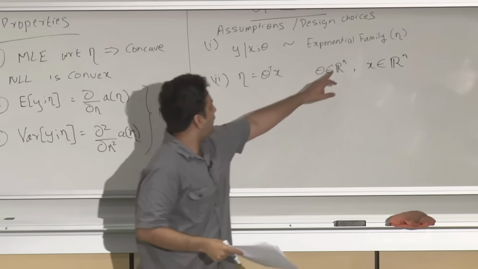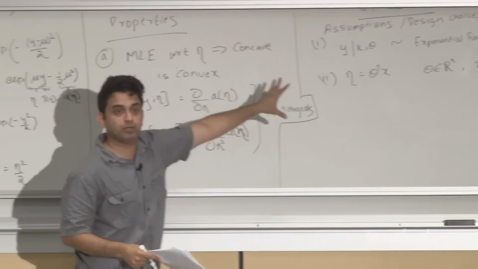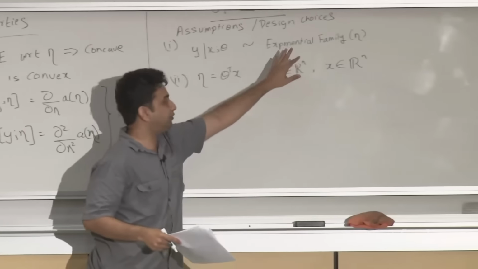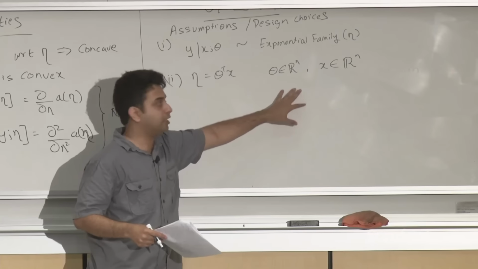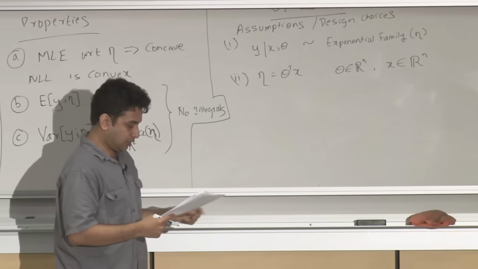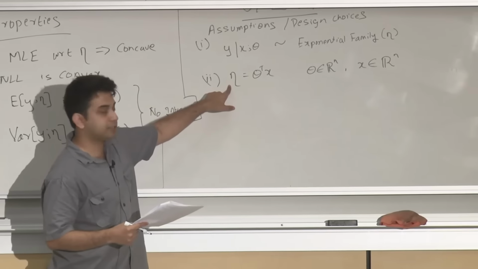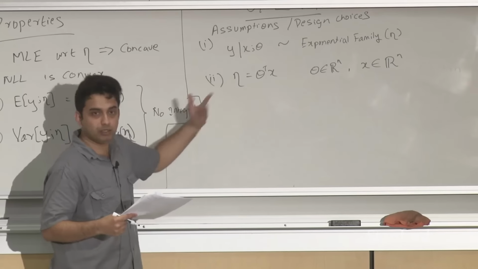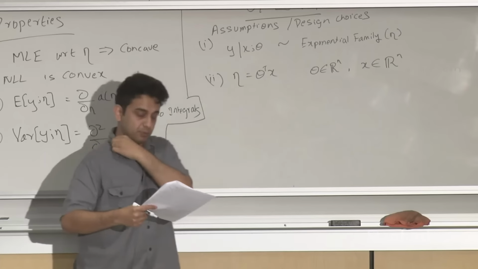Now this n has nothing to do with anything in the exponential family. It's purely the dimensions of the data that you have, the x's of your inputs, and this does not show up anywhere else. We make a design choice that eta will be theta transpose x.